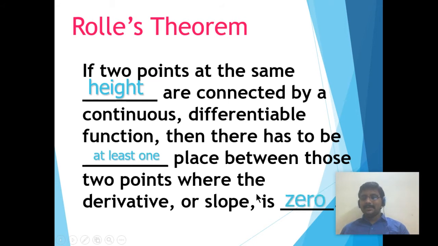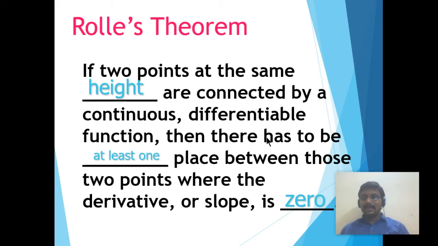So it is a simple step to understanding the geometrical representation. If 2 points at the same height are connected by a continuous differentiable function, then there has to be at least one place between those 2 points where the derivative or slope is 0.